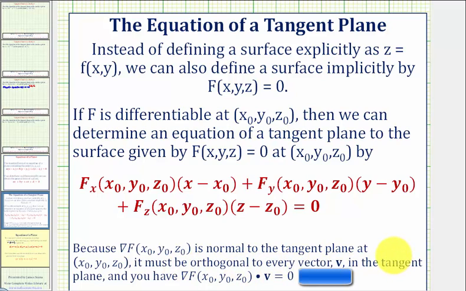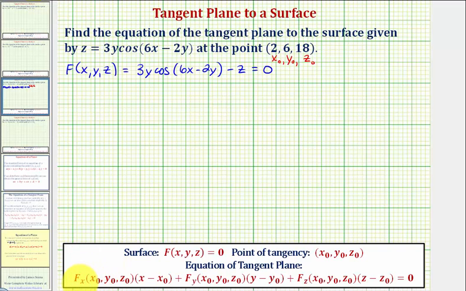So the dot product must be 0. So notice how the components of our vector v, looking at the equation of the tangent plane, would be x minus x sub 0, y minus y sub 0, and z minus z sub 0. So the next step will be to find our partial derivatives and then evaluate them at the point of tangency.